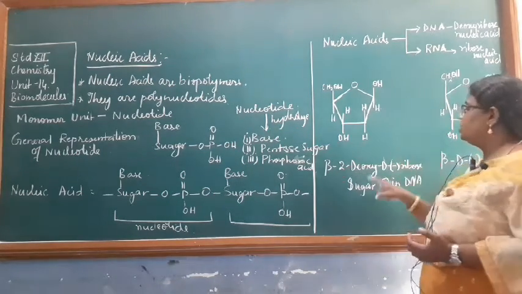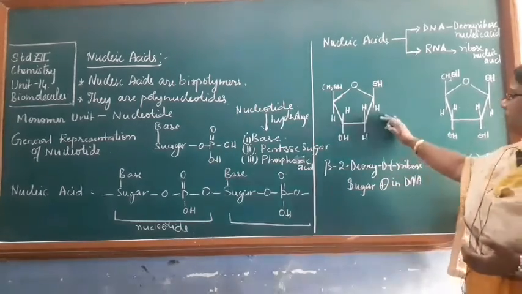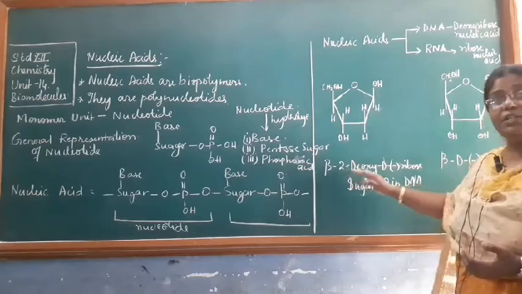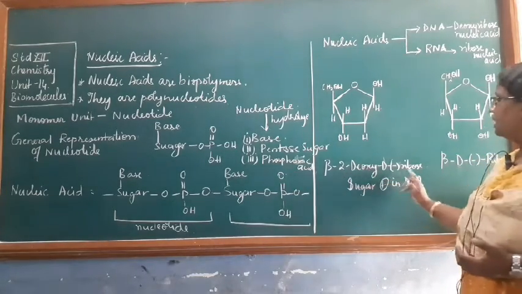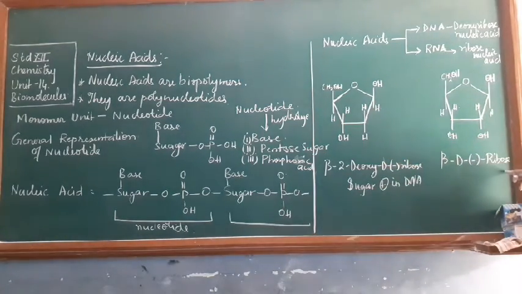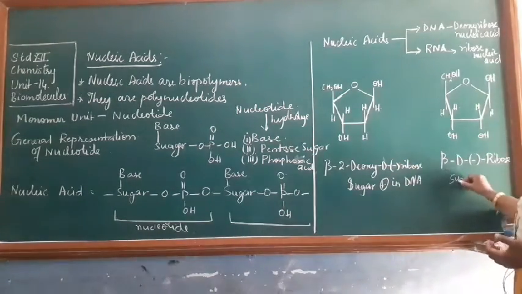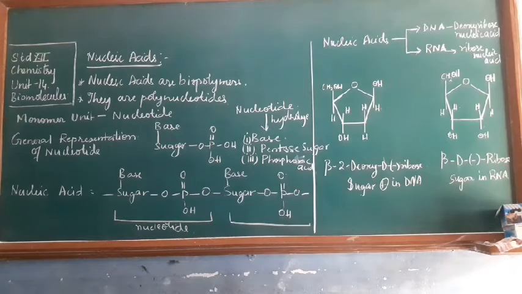The variation is here only, the presence of sugar. This is the pentose sugar which is present in deoxyribose nucleic acid, the deoxyribose pentose sugar. While in RNA, that is ribonucleic acid, this is the sugar which is present.